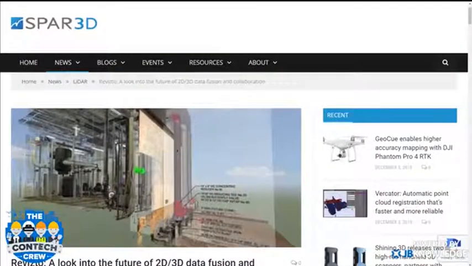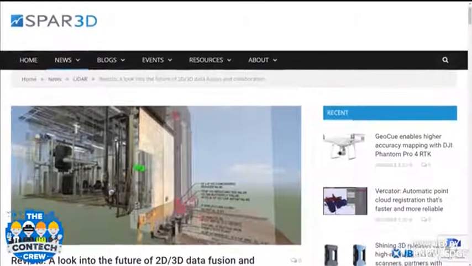And James, this is probably one of the coolest things I've ever seen. I know that says a lot. But when we think about all this stuff that we do, and we talk about laser scanning, 2D documents, 3D models, everything under the sun, I'm looking at what Revizto did here, merging 2D and 3D data, not plans and models, but actual data.